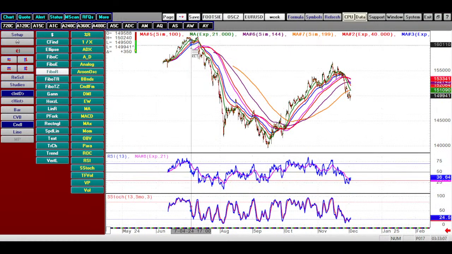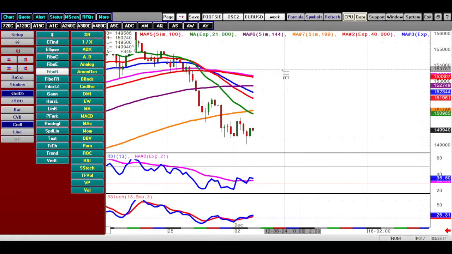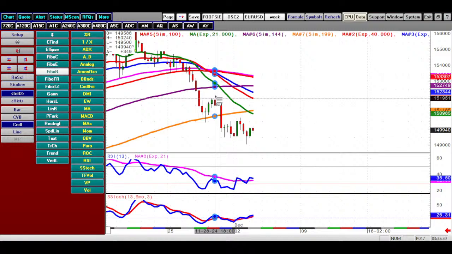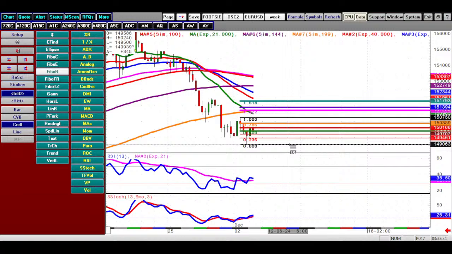What we feel is we may have seen the low at 14908 or 10, so if we are right, we should see the price breaking that 15075 and heading towards 15140 or 60 or 15190.